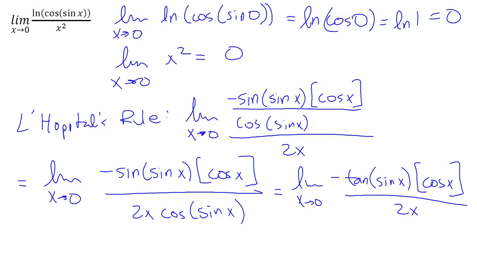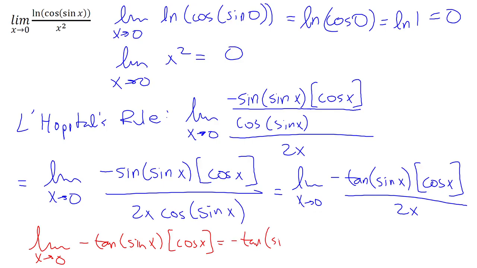And then, of course, unfortunately, I think we can see here what's going to happen. The limit as x approaches 0 of the negative tangent of sine of x times cosine of x is the negative tangent of the sine of 0 times the cosine of 0, which is negative 1.